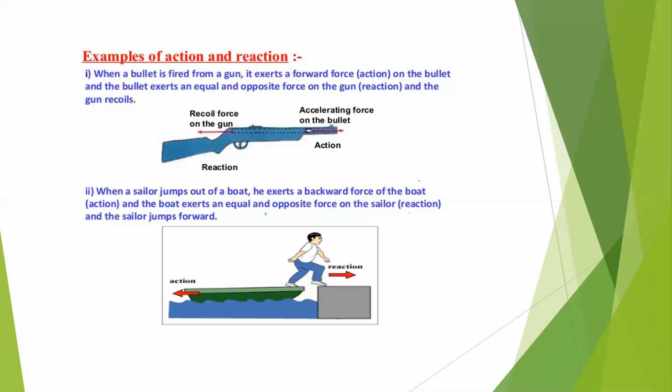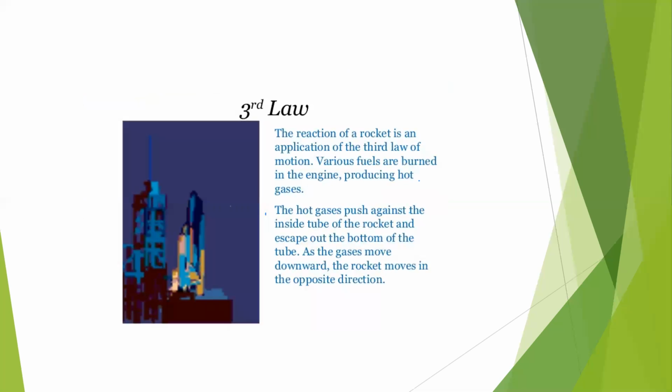Walking is also because of this action and reaction pair. So here, when a sailor jumps from a boat, he applies some force on the boat, and because of that reaction he will move forward. So he also applies some force on the boat, therefore that boat will push a little backward. So this is an action and reaction example.